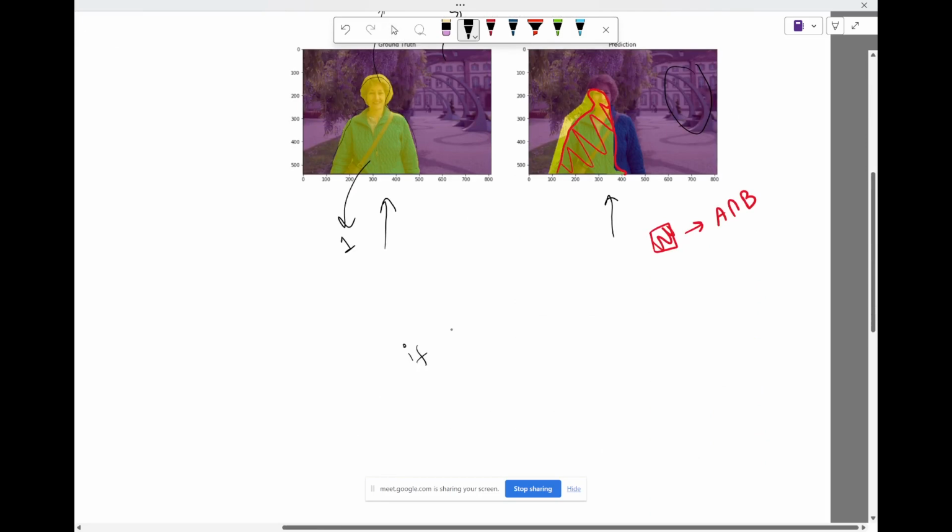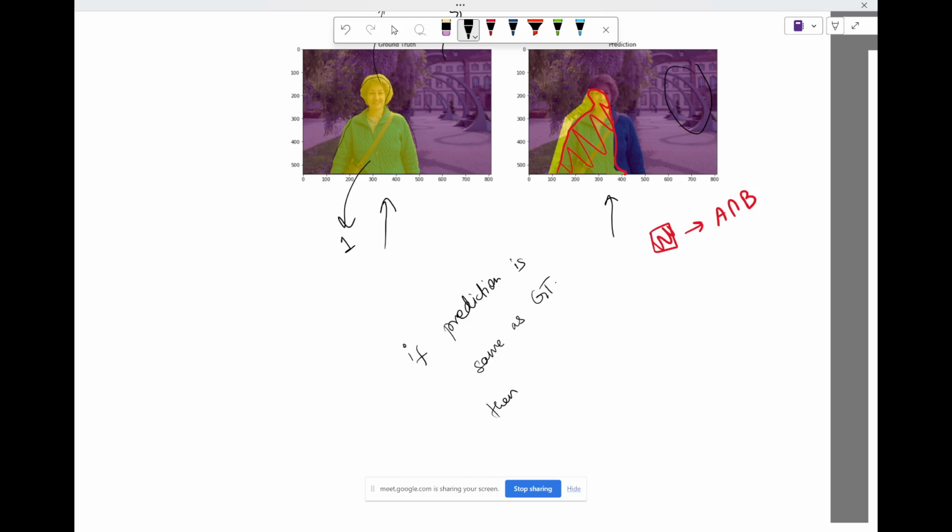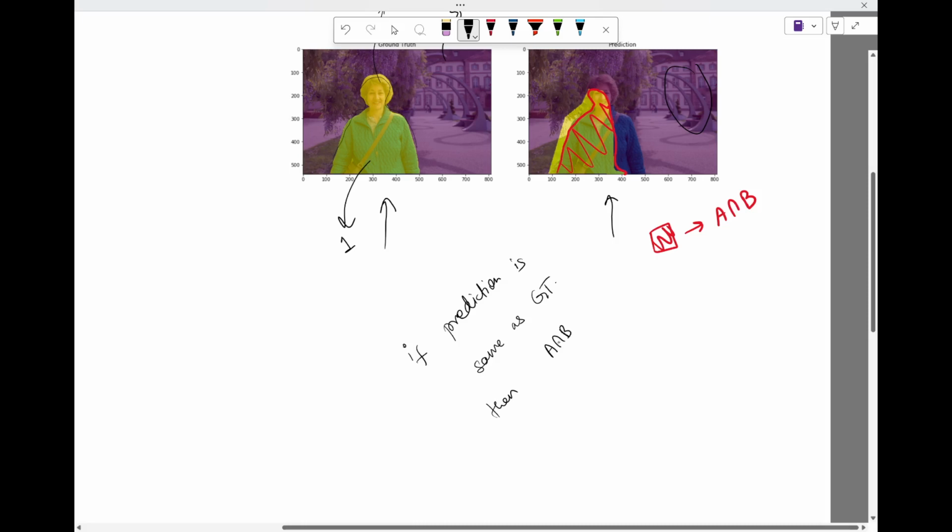Basically A intersection B is equal to A. So the number of elements in A intersection B is equal to the number of elements in A. So the dice score will be what?